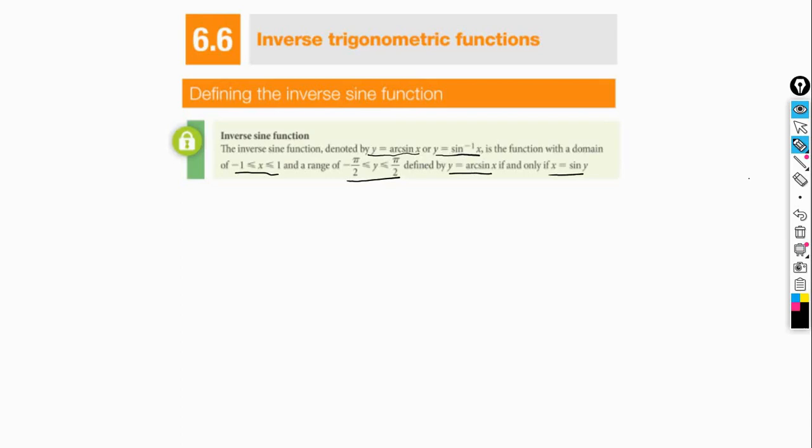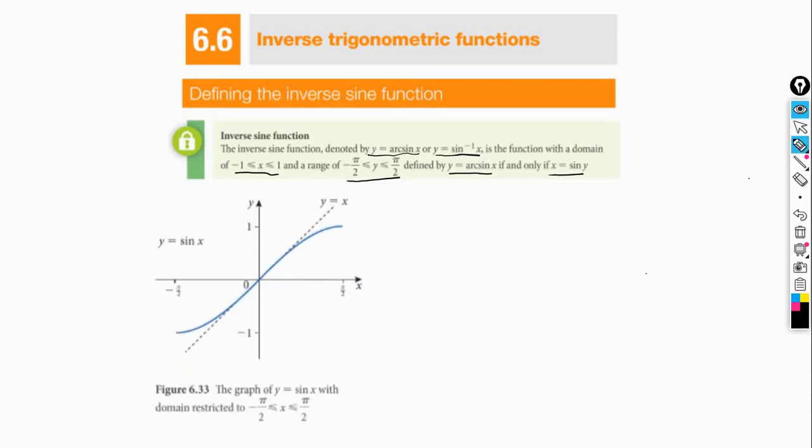Why are the domain and range restricted? So notice that if we restrict the sine function to a domain from -pi halves to pi halves, we're going to get a range that goes from -1 to 1. And this is something that repeats over and over. We're always going to have values in the range that are going to be between -1 and 1.